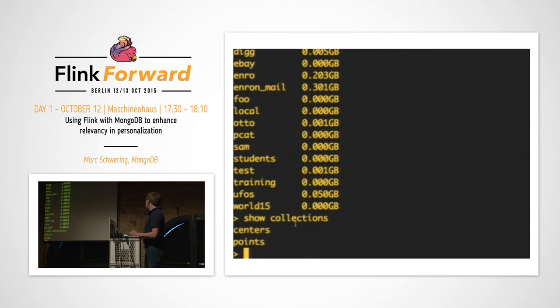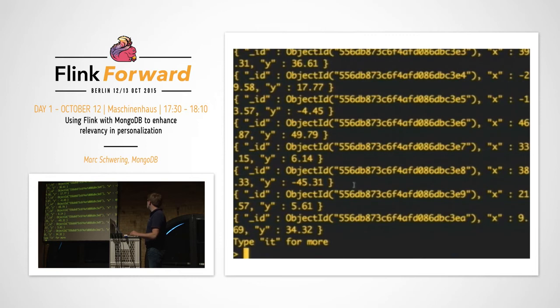So I have two collections, data sources, centers and points, and these are just random numbers. If you do db find points, I just search the points, so you have a center ID and some data here, like 39 x and y, 36 x 1.